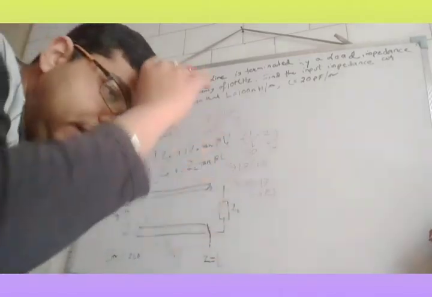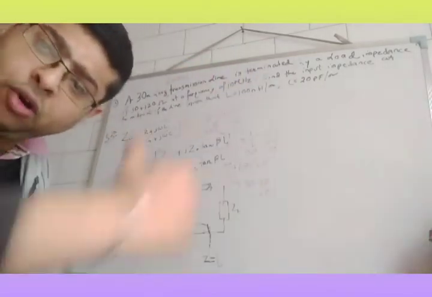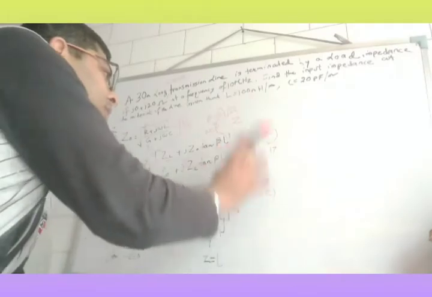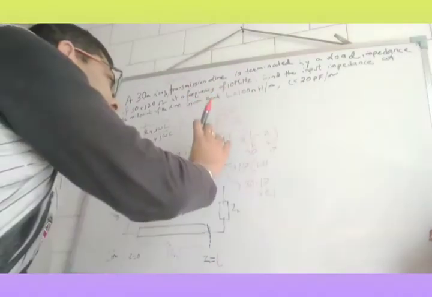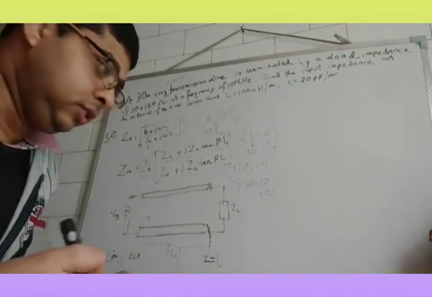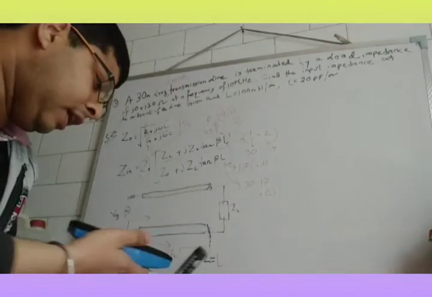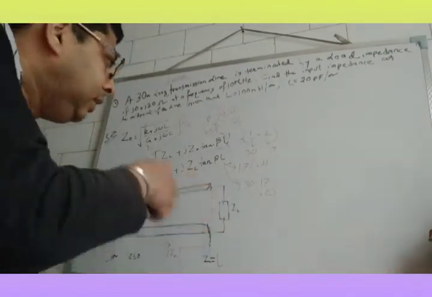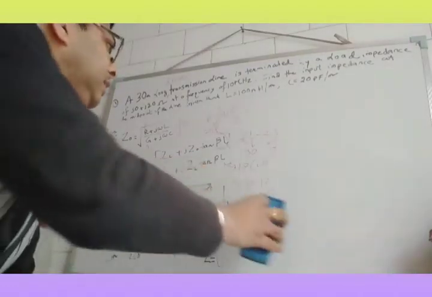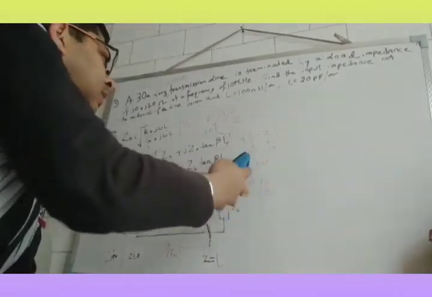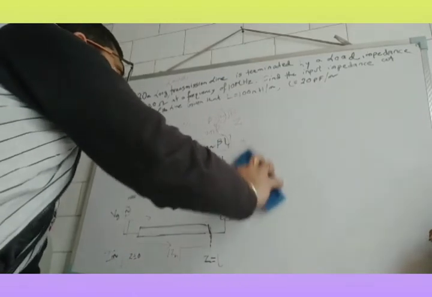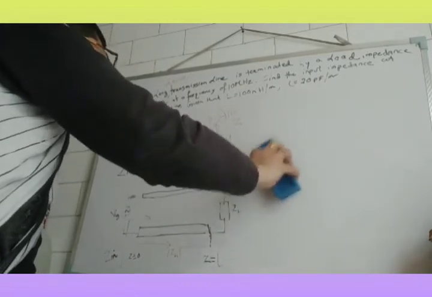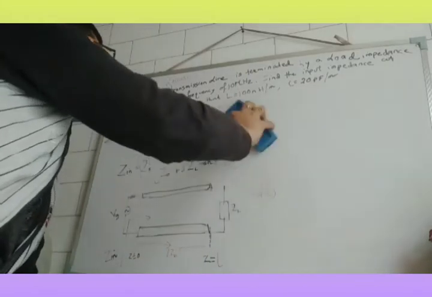But if they directly say calculate from the load end, then you need not worry about anything, simply write 17. I hope this is clear. If you have any problem, you can pause or rewind this video and see. So now you will be calculating this input impedance.